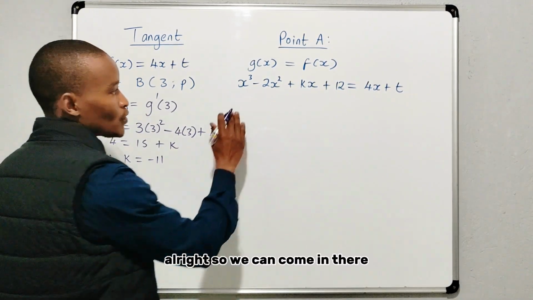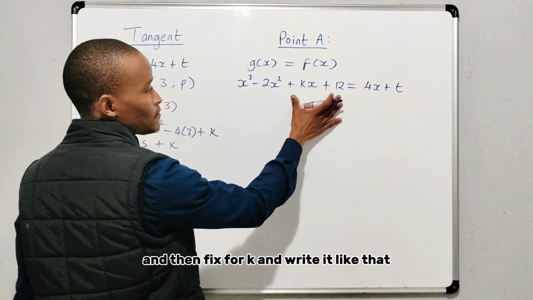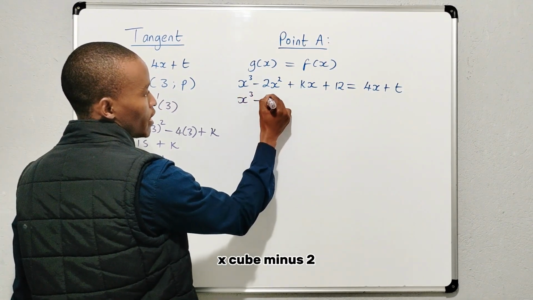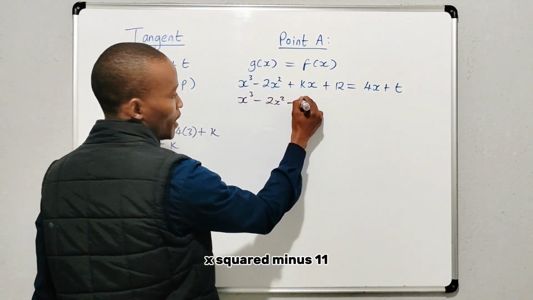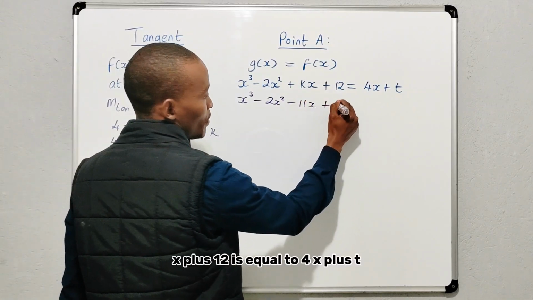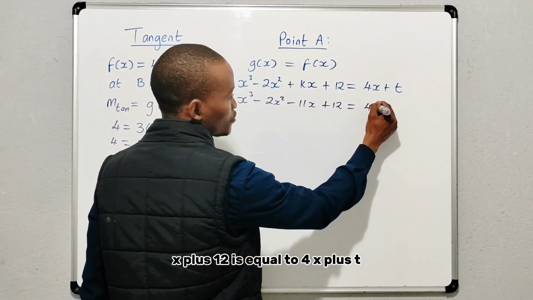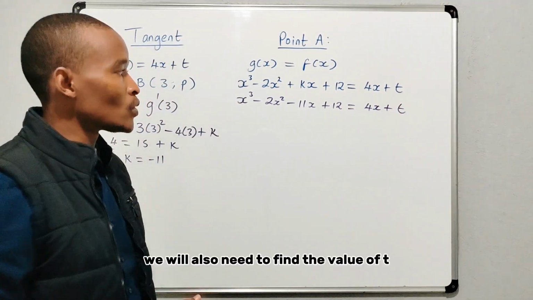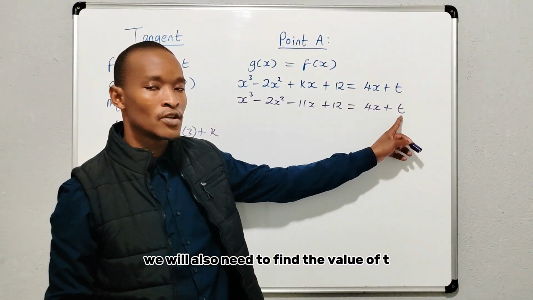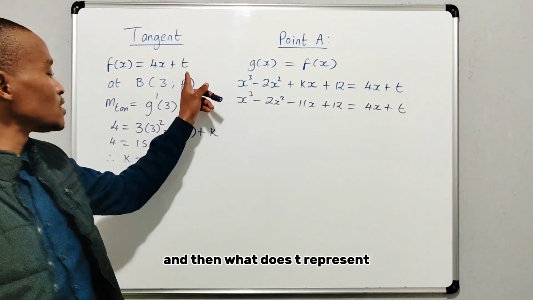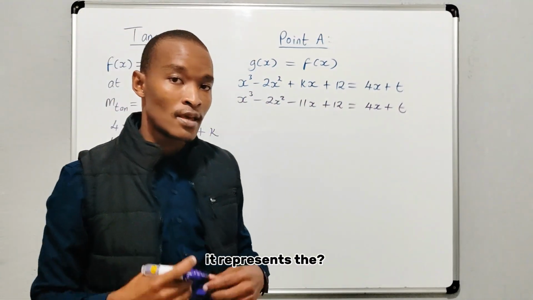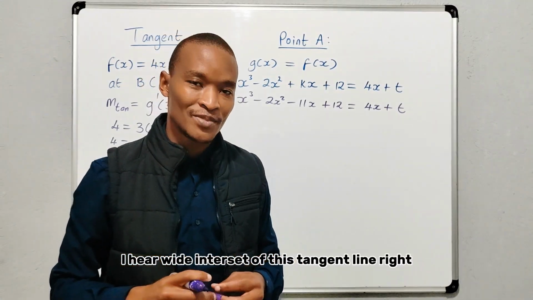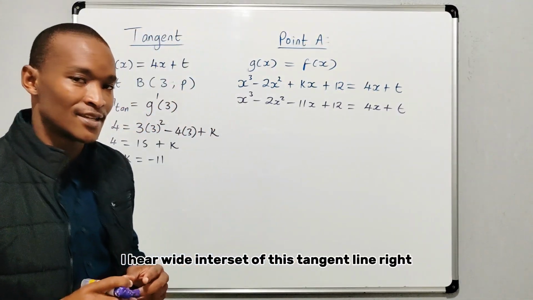All right, so we can come in there and then fix for k and write it like that: x cubed minus 2x squared minus 11x plus 12 is equal to 4x plus t. So we will also need to find the value of t, and then what does t represent? It represents the, yes, correct, I hear, y-intercept of this tangent line.